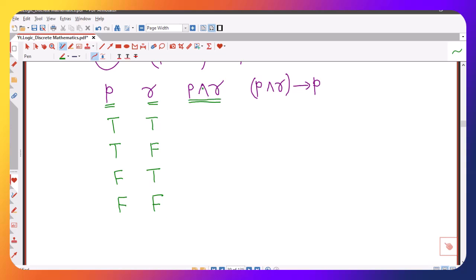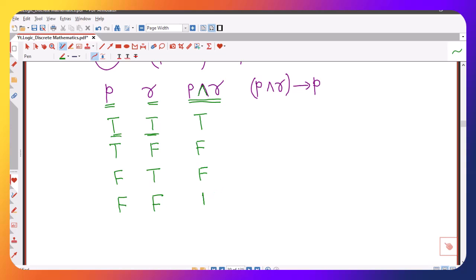For conjunction, we remember that it is true if both the statements are true, otherwise it is false. So there is only one combination in which both are true, and in all other combinations we have at least one false.